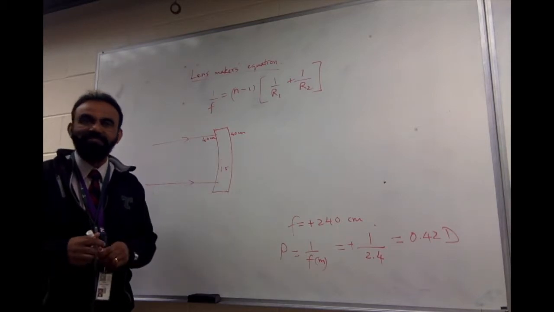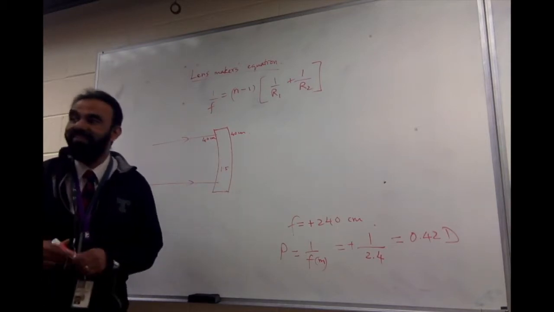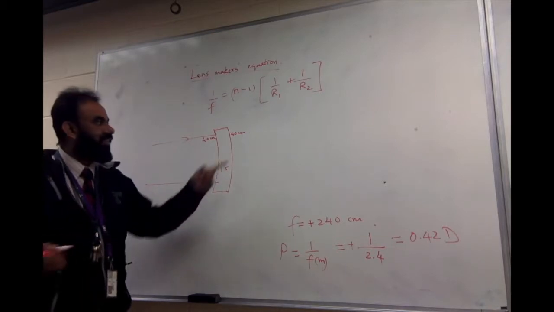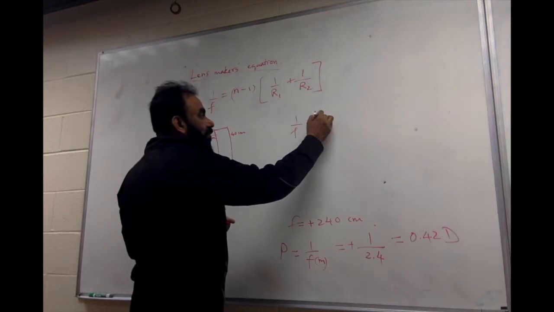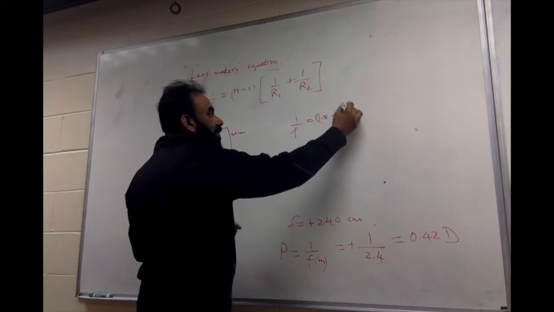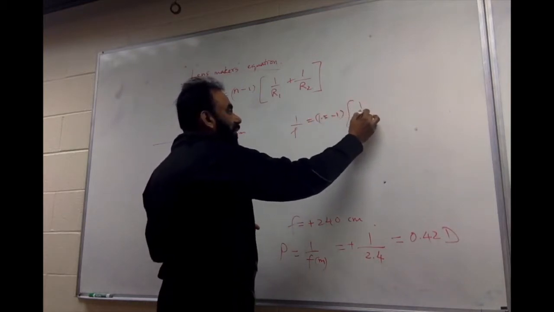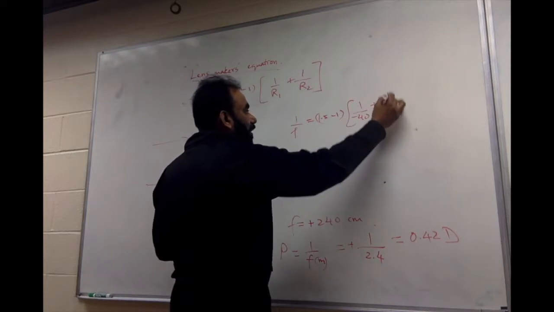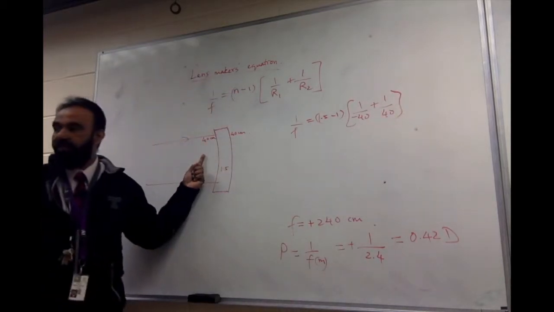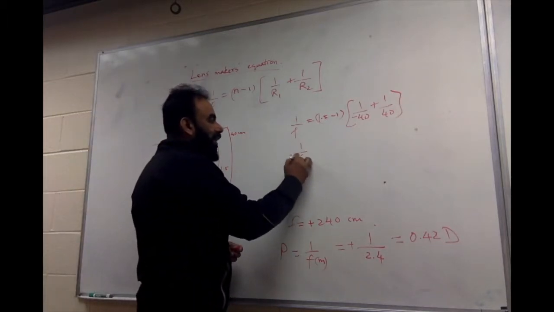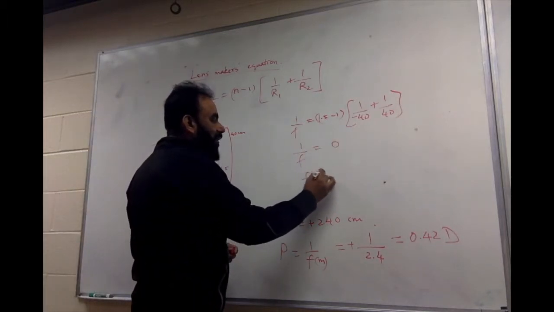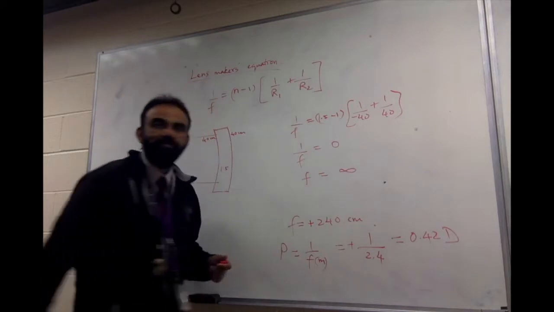So what is it? Infinite. And you can see from that equation, 1 over f is equal to 1.5 minus 1, times 1 over negative 40 plus 1 over 40. One is negative 40 and the other is positive 40. So therefore you get 1 over f is equal to 0, and so f is equal to infinity.